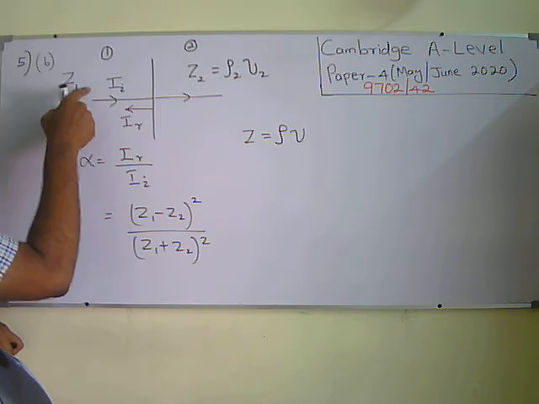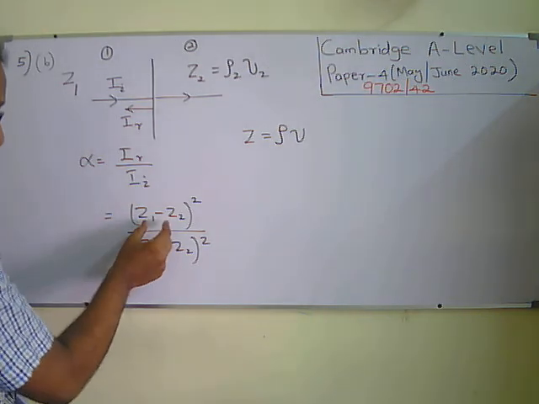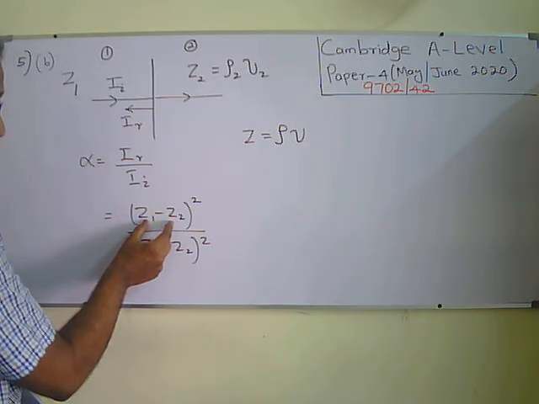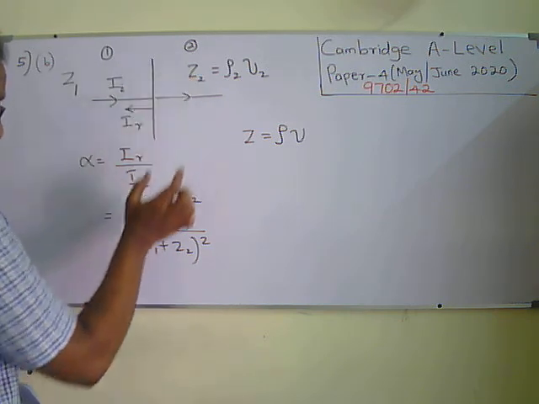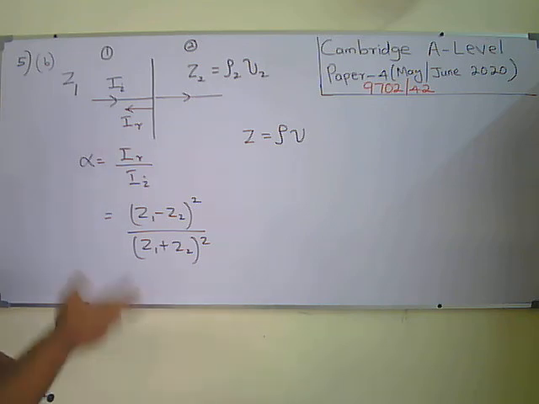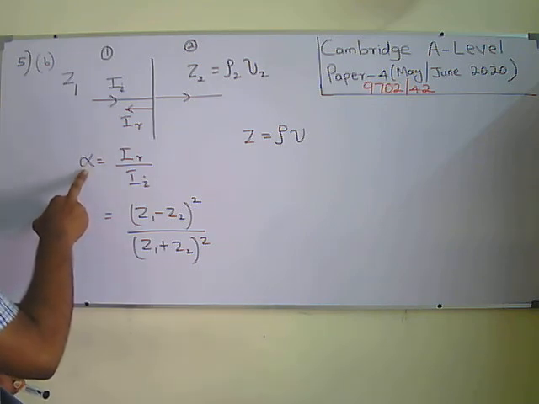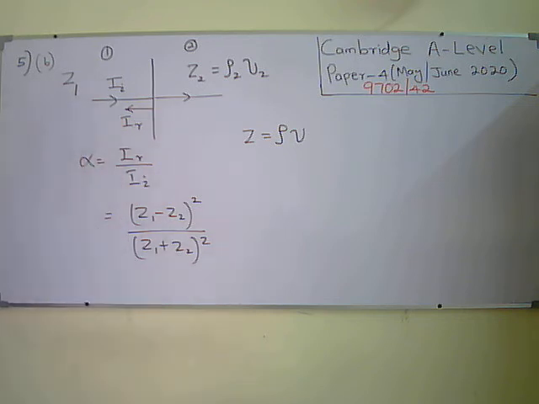So if the difference in acoustic impedance between the first medium and second medium is large, alpha will have a larger value. That means most of the ultrasound will reflect back.